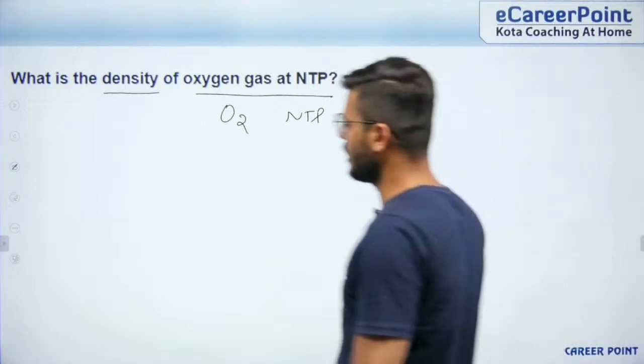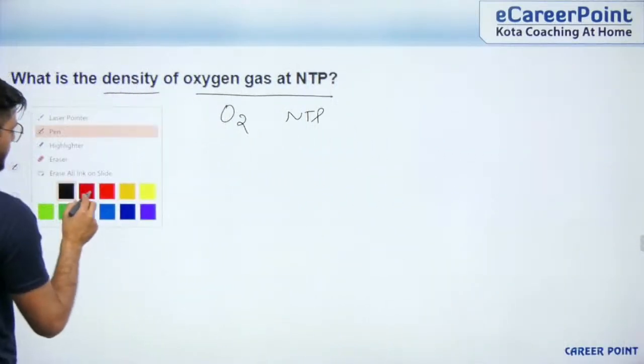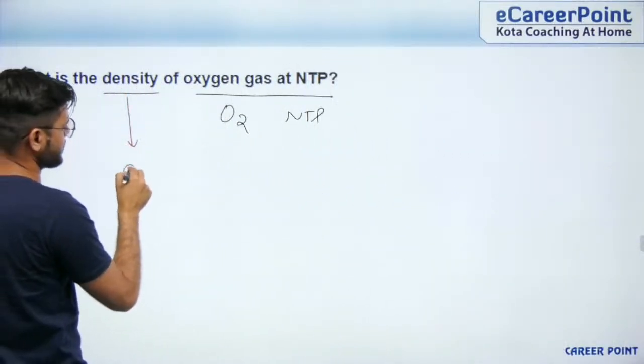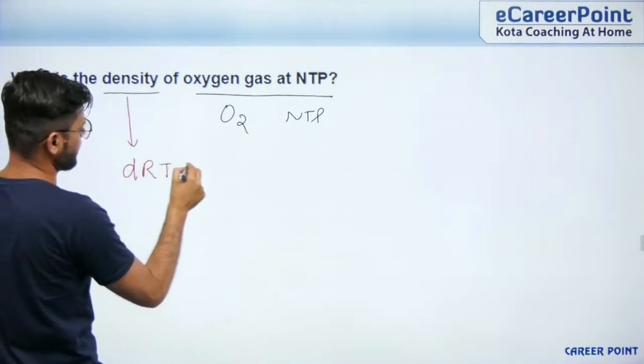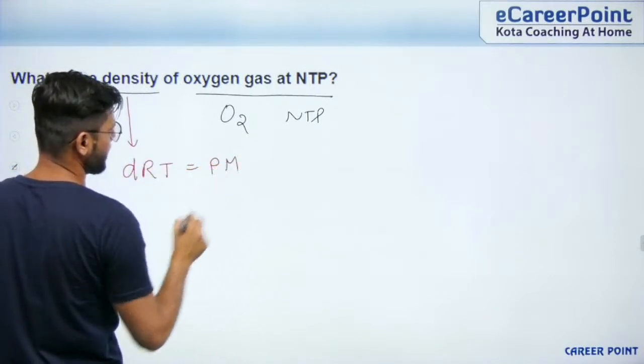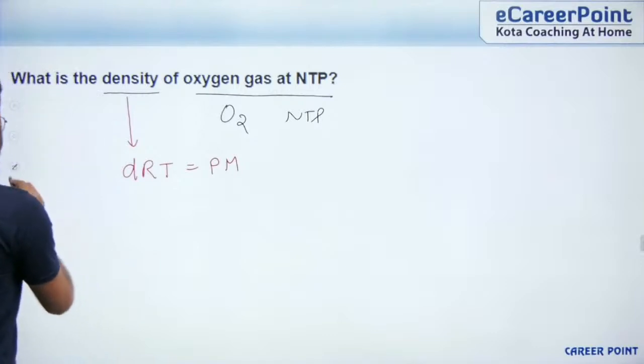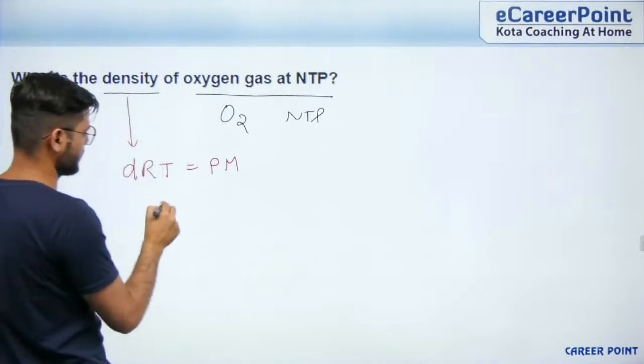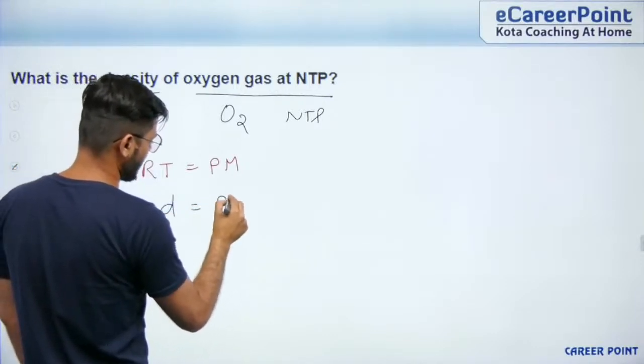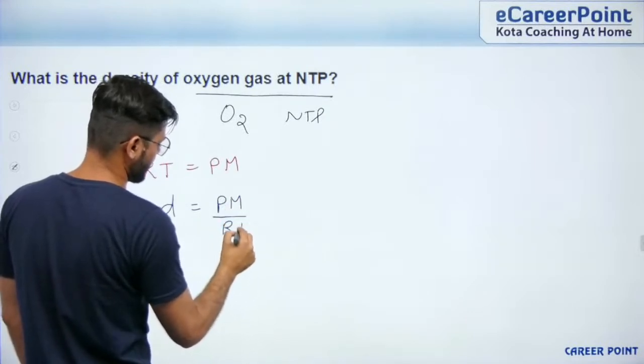Okay, so now density. We have the formula density is equal to PM upon RT.